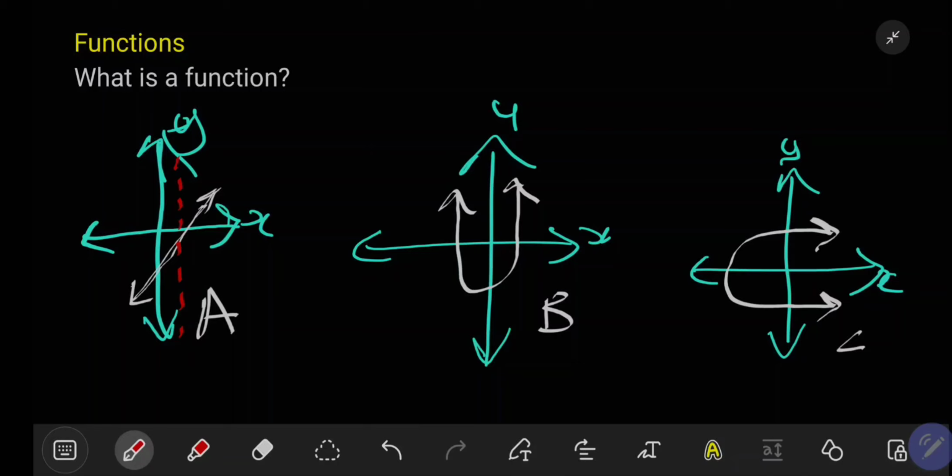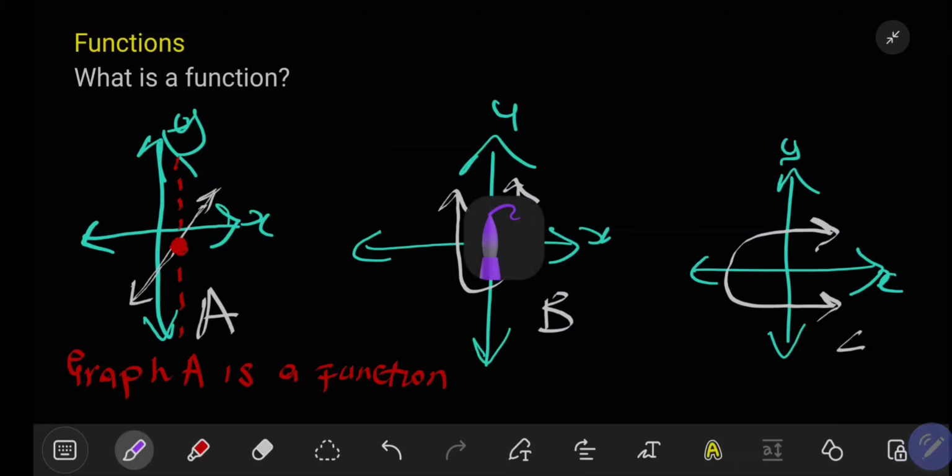This is our vertical line, and we can see that it only touches the graph once. So if this vertical line touches the graph once, it means graph A is a function, because the vertical line touches the graph only once.